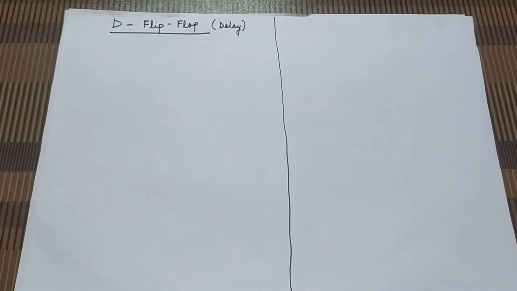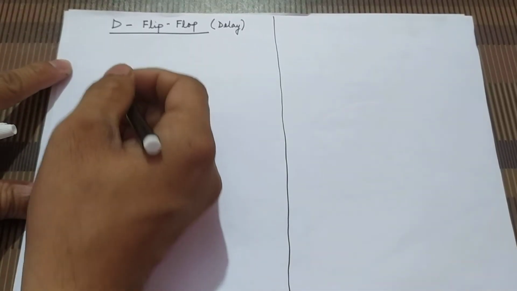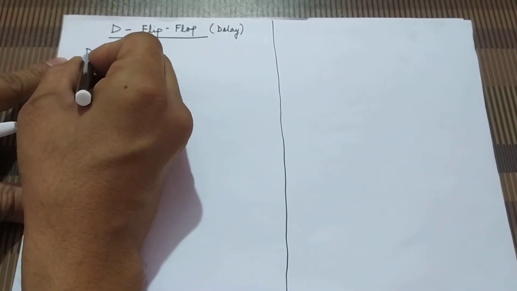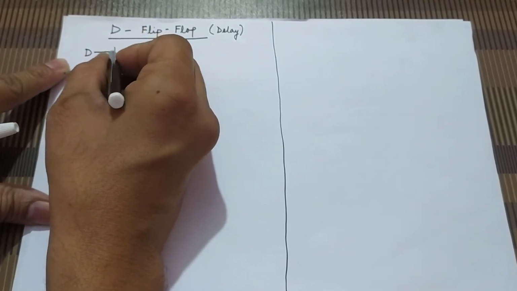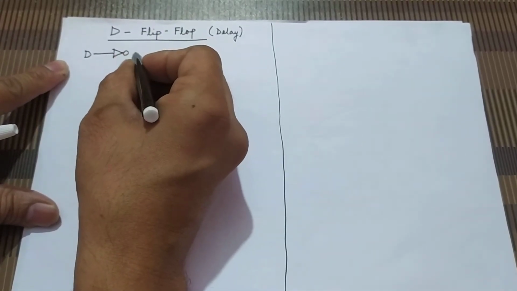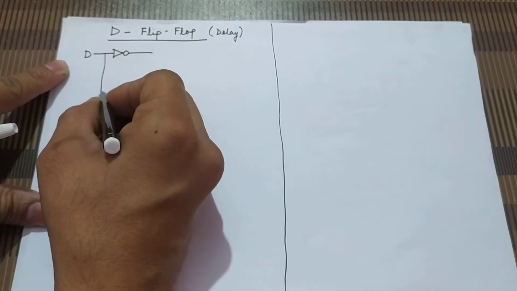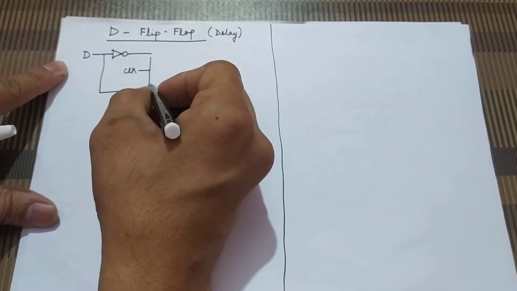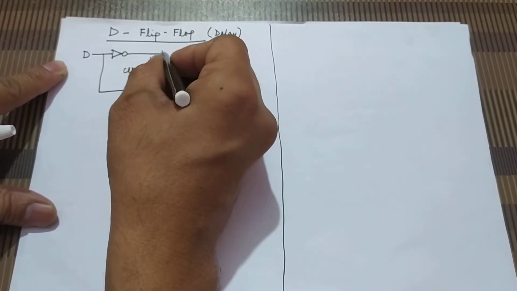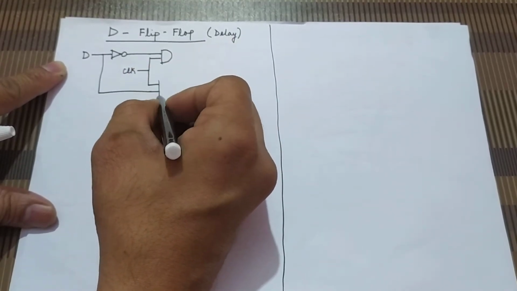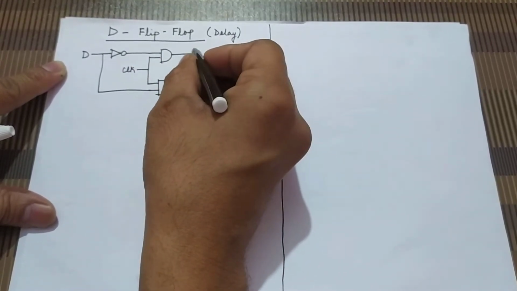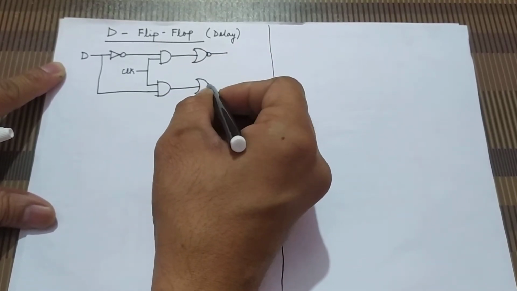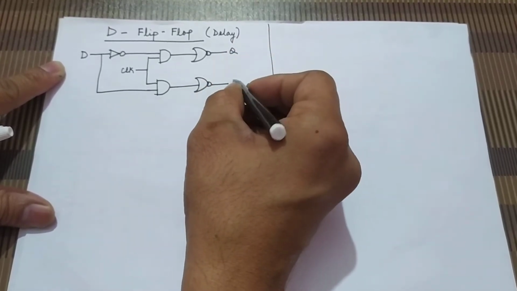Okay, so as far as the circuit diagram is concerned, clock signal, NOR gate, a universal gate, rest remains the same, Q bar.